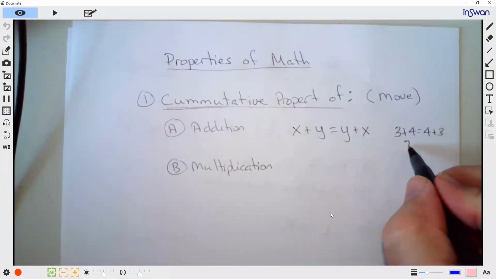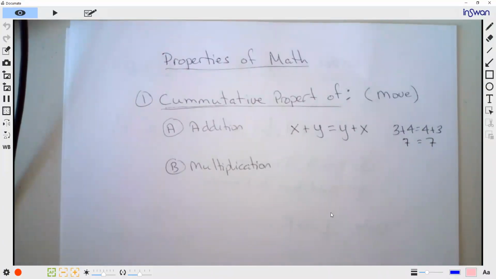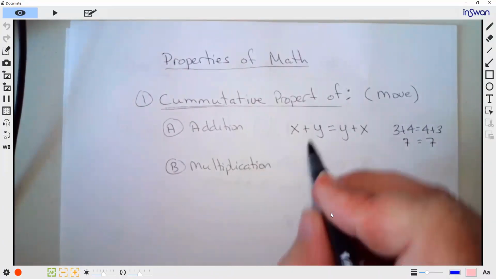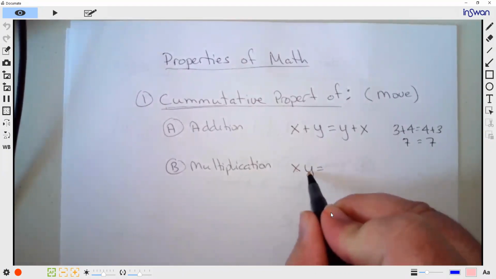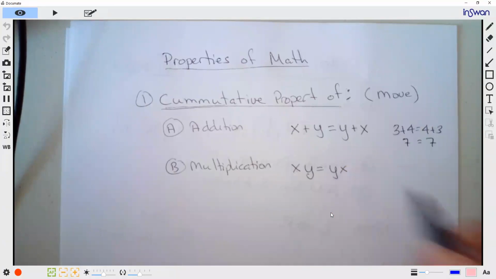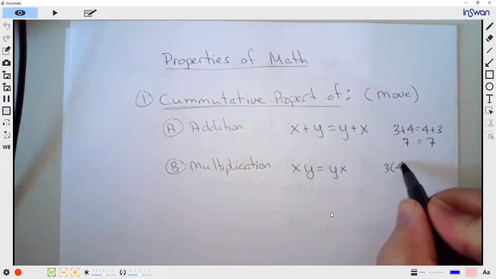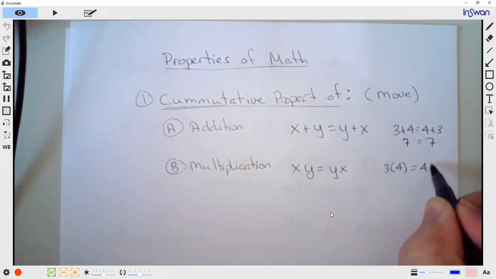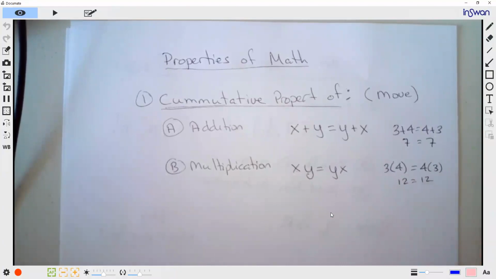They both equal 7. Same thing in multiplication. X times Y is the same thing as Y times X. 3 times 4 is the same thing as 4 times 3. They both equal 12. So far, so good? Yes.